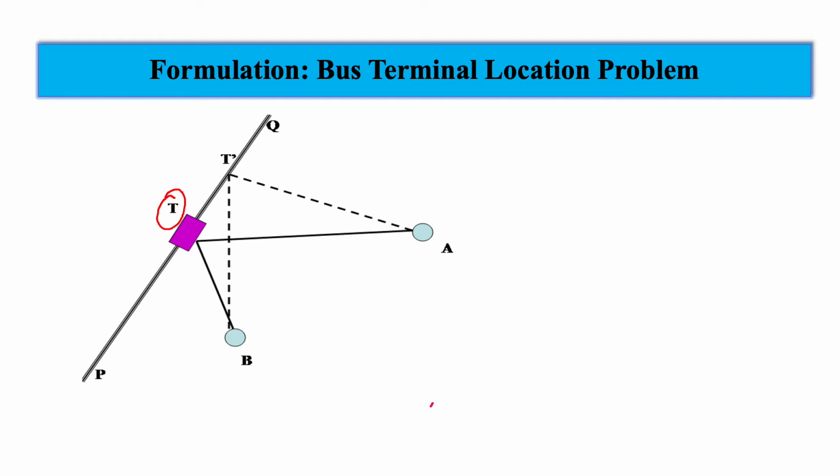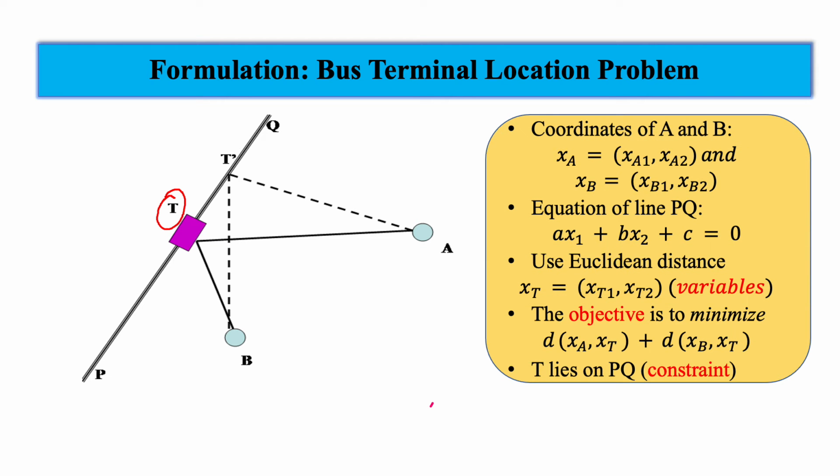So let us take it as a two-dimensional problem. Let xa1 and xa2 denote the coordinates of xa. Similarly for xb, and this being a straight line, let us assume that its equation is ax1 plus bx2 plus c equals 0.